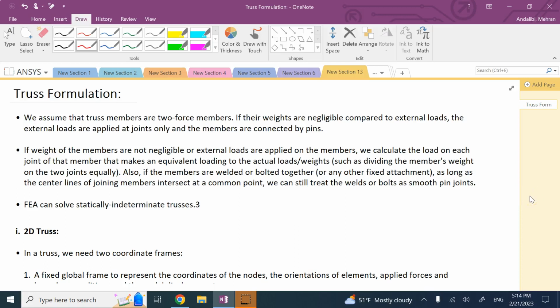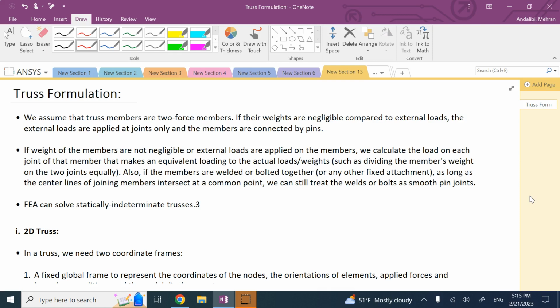Hello everyone. In this video we are going to talk about formulation of FEA for truss. Truss, as you know, is a member that carries loads and carries weights of other objects.